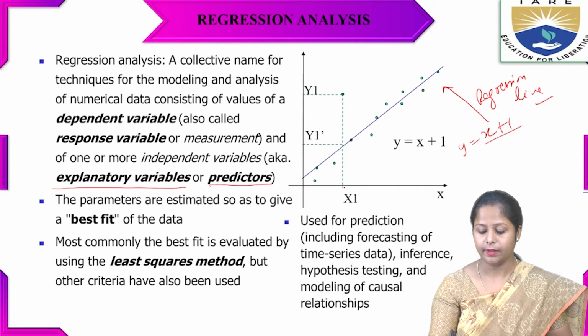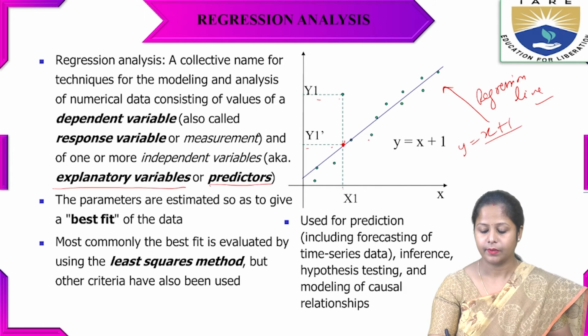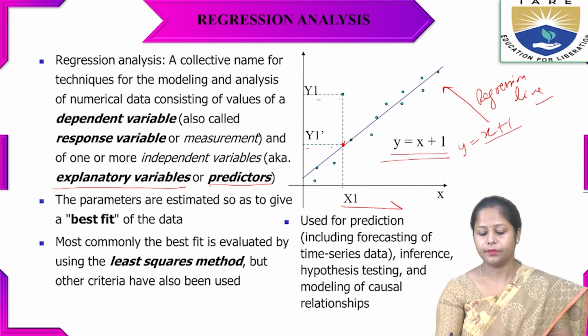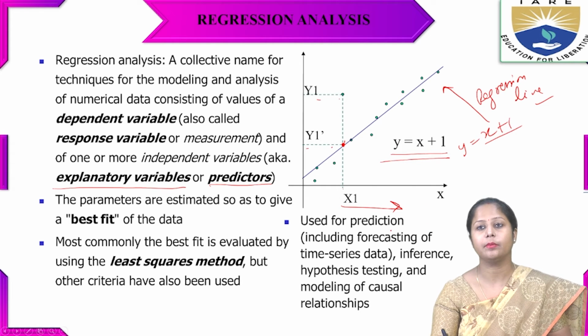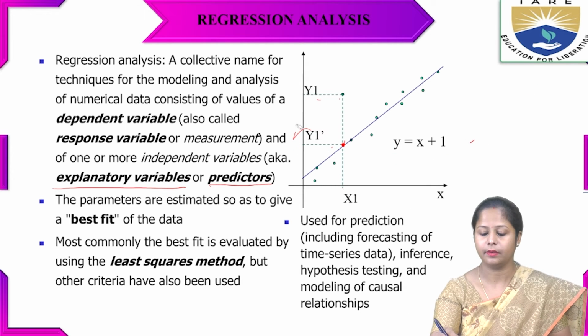So here x1, y1 dash and y1. This is y is equal to x plus 1. This is called the dependent variable, and that is called the independent variable. We need to find that from the regression model.